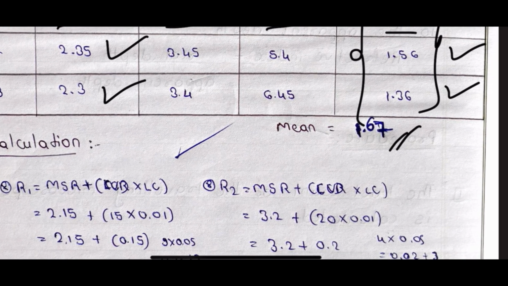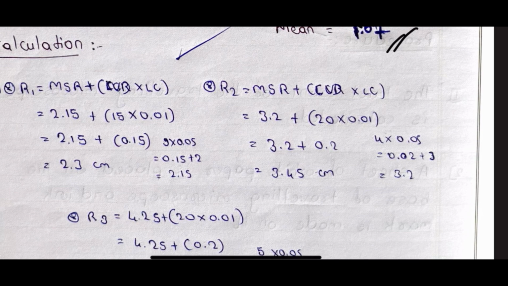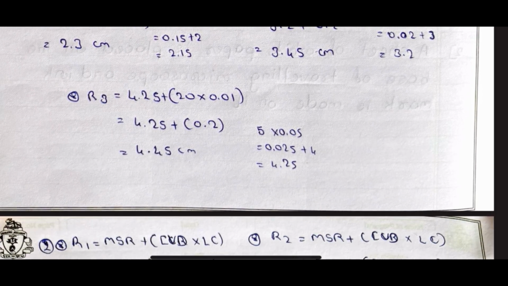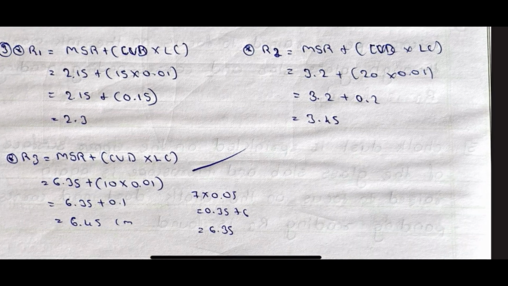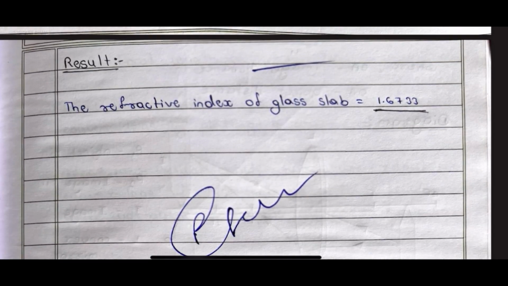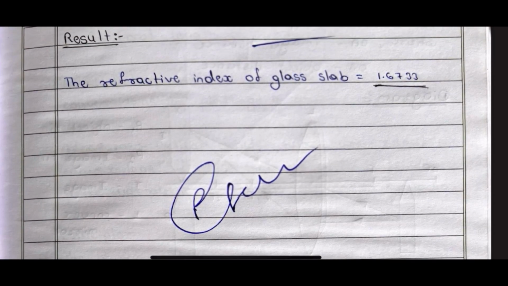And this is a calculation for total reading. And this is a result. The refractive index of the glass slab is 1.6733.